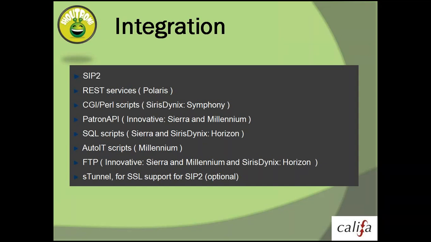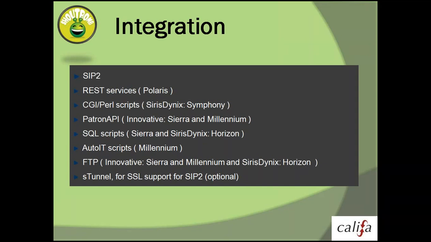And for some, including the Millennium and Horizon, the report generation is on the library side, and so they need to send us those files. So we need FTP access for the library to send the notice files to us.